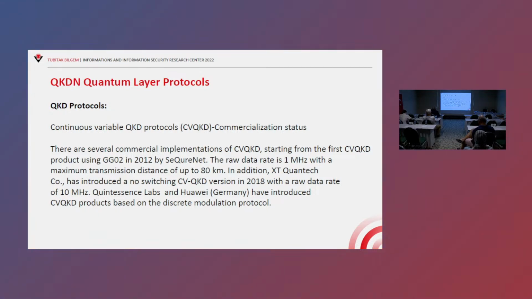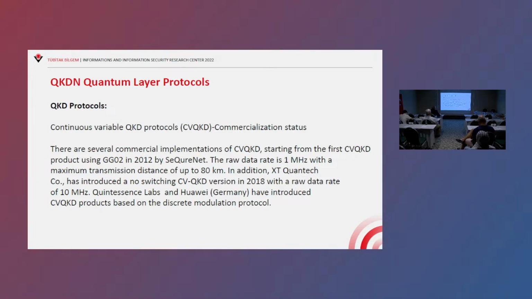On the commercialization of continuous variable QKD and discrete valued QKD, there are quite a few commercial products nowadays, and even some commercial organizations, like banks, have had implementations for some time.